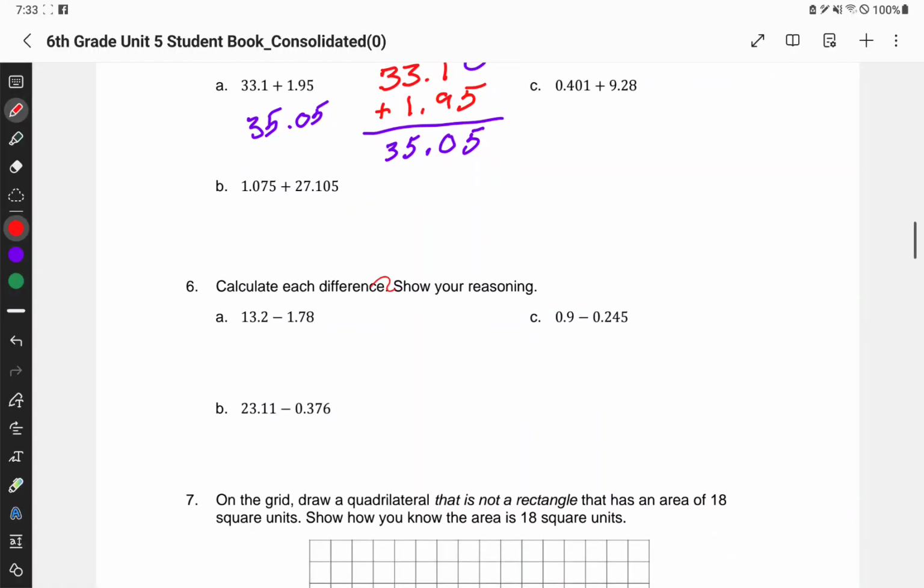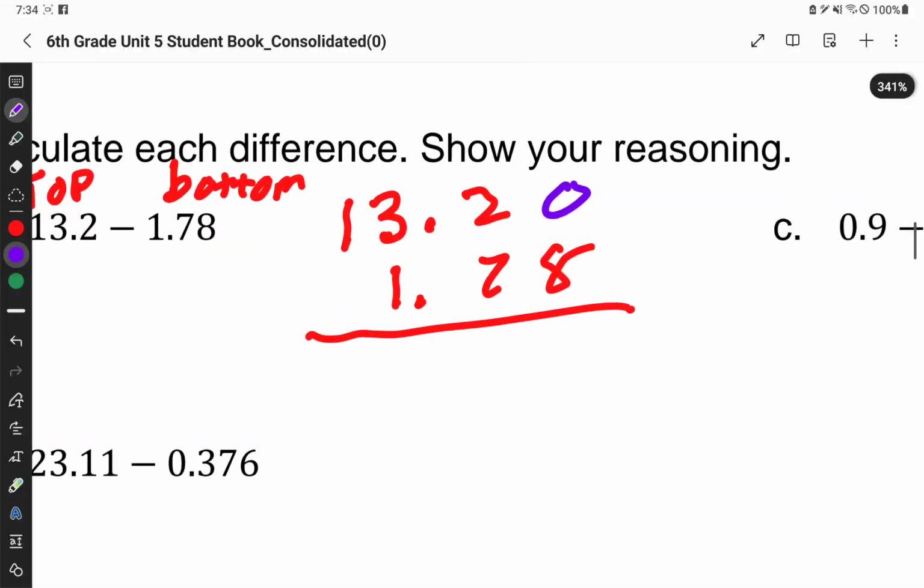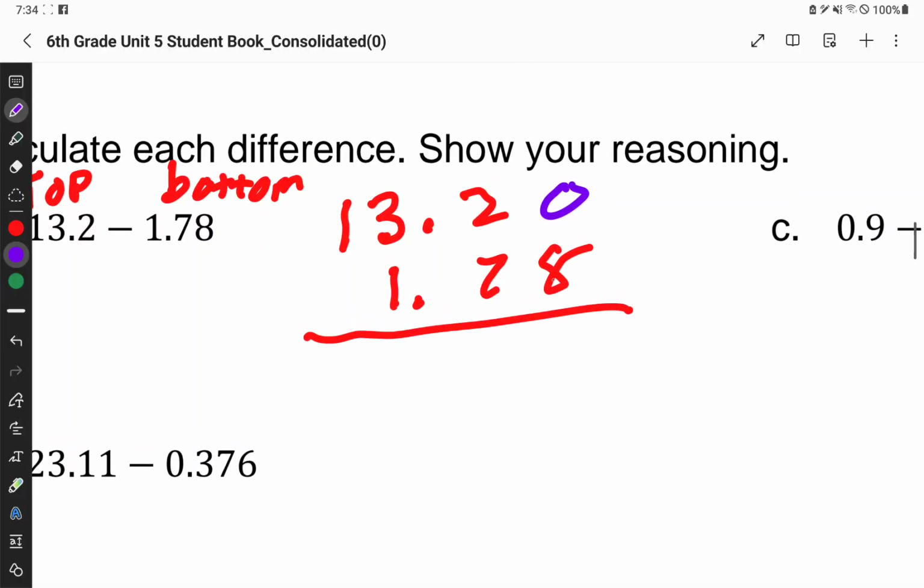For 6A, 13.2 minus 1.78, it already tells us the order, top, bottom. Placeholder. We can't take 8 from 0, so we borrow. You were supposed to change colors. This becomes a 1. That becomes a 10. 8 from 10 is 2.